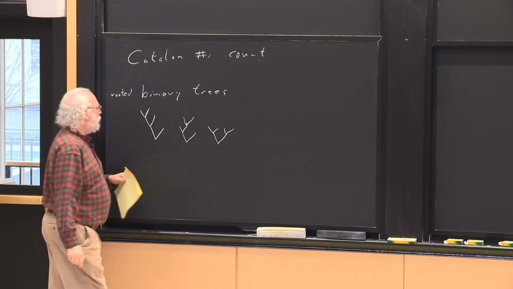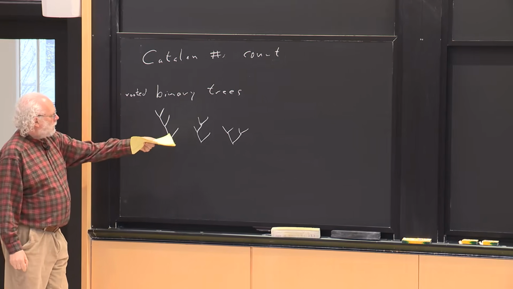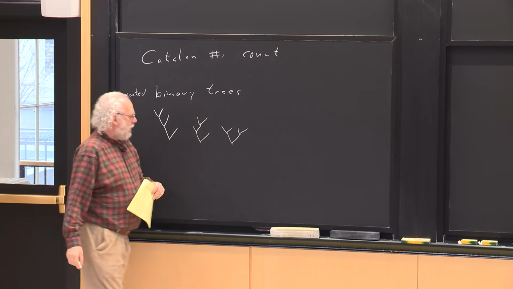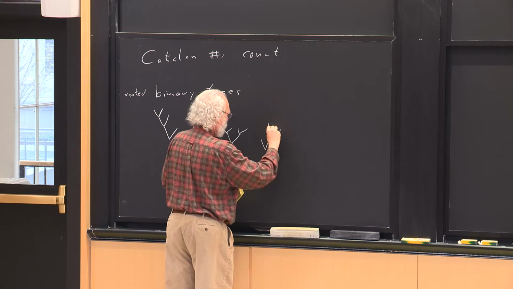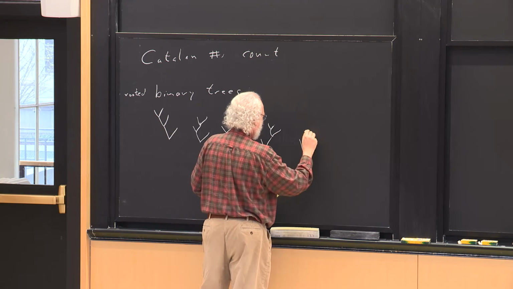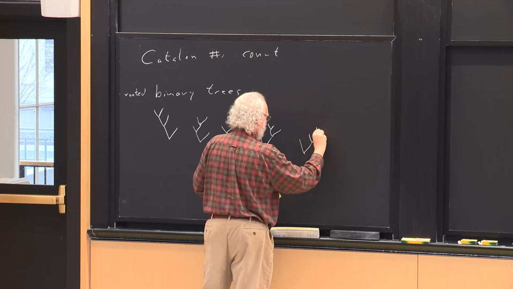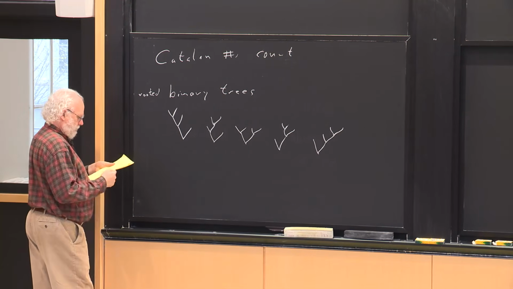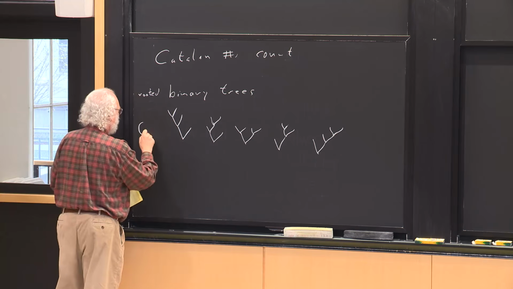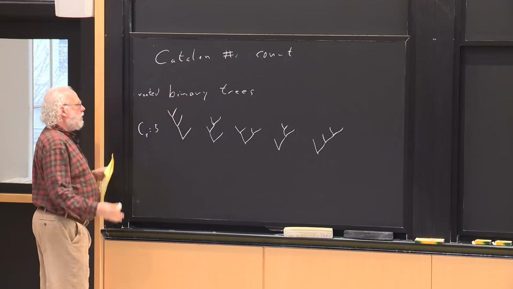Here are the 5 rooted binary trees on 7 nodes. So C sub 3 equals 5, and they count Dyck paths.